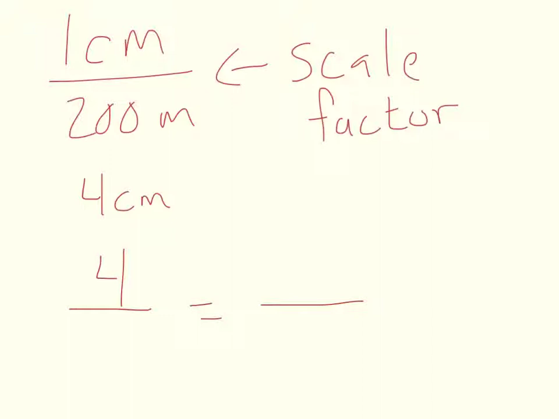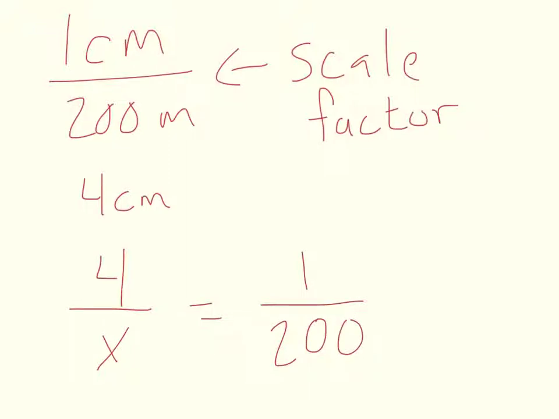The question then becomes, what goes in the denominator? Well, the denominator is the actual length. Do we know the actual length that 4 centimeters represents? The answer is no. So we can put a variable there, just x. This is going to be equal to your scale factor, which we already know. The scale factor is 1 over 200.